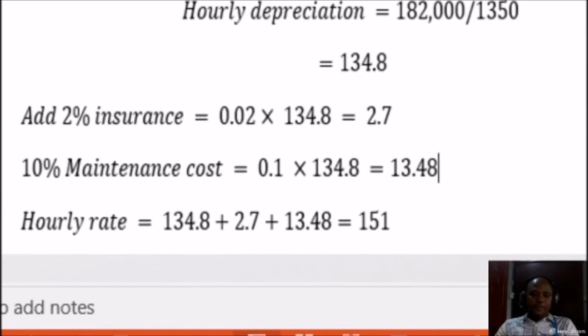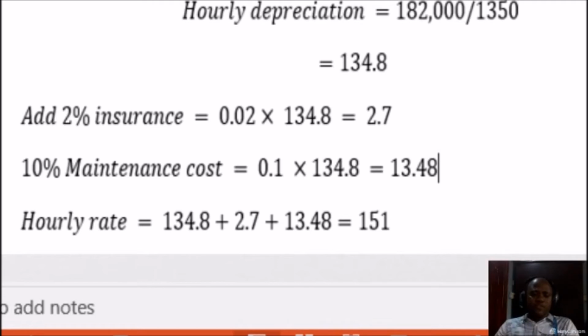or hourly rate. Then here, after that, we have to add the 2% insurance. 2% of this cost, we are going to express it as a percentage, so we divide by 100. Dividing 2 by 100 gives us 0.02, and then we multiply it by 134.8, which is equal to 2.7. Then we also add maintenance costs, 10%.